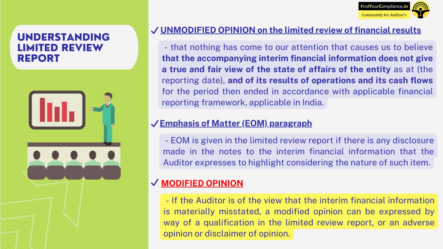The concluding opinion of the auditor on completion of review can be an unmodified opinion with a separate emphasis of matter paragraph, or a modified opinion if the auditor is of the view that the interim financial information is materially misstated, or an adverse opinion or disclaimer of opinion.